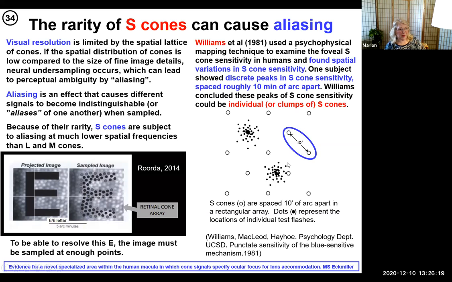He found that some humans, and these circles are the presumed S cones based on what he finds, when flashes of light are projected as little dots at different locations in the fovea, sometimes had peaks of S cone sensitivity separated by 10 minutes of arc.